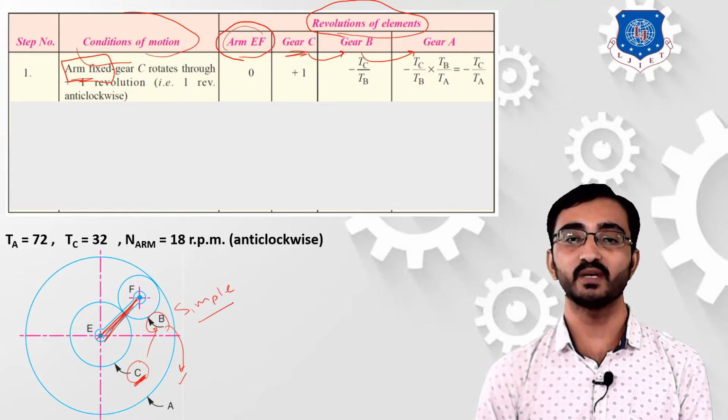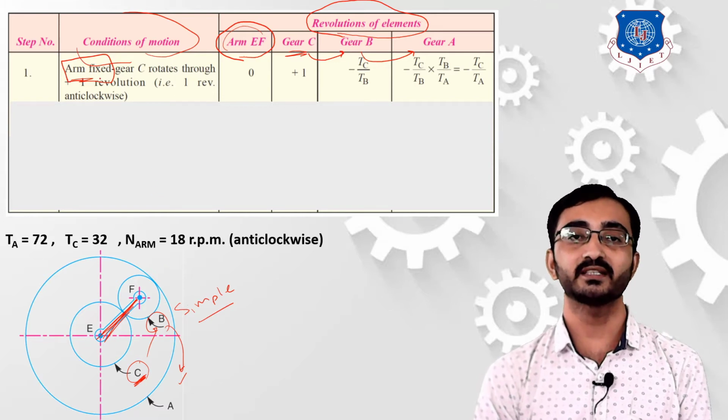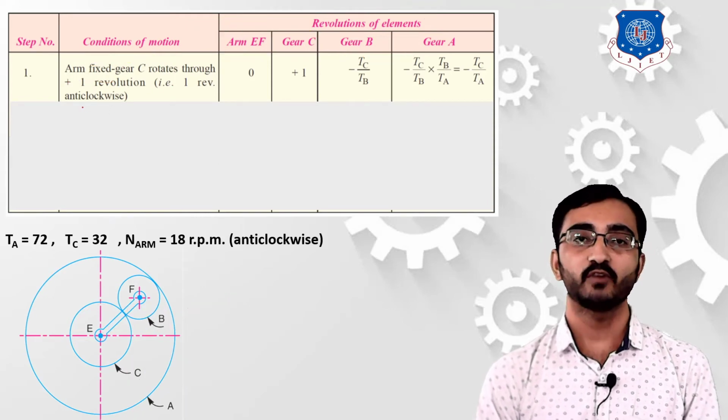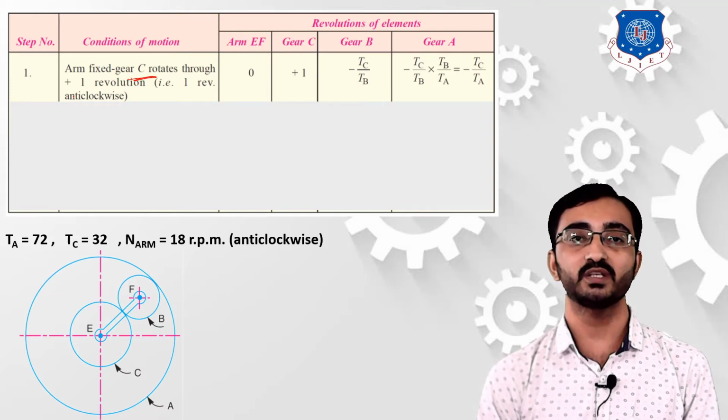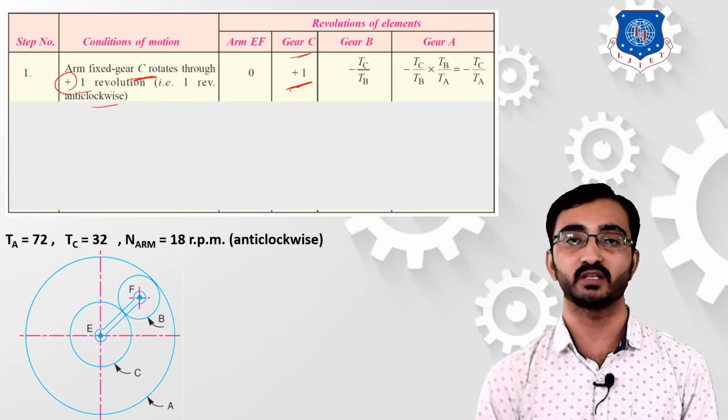So let's consider that the arm is fixed and gear C rotates through +1 revolution, that is in the anti-clockwise direction. For assumption purposes, gear C is rotating with 1 revolution anti-clockwise, and we consider anti-clockwise as plus.